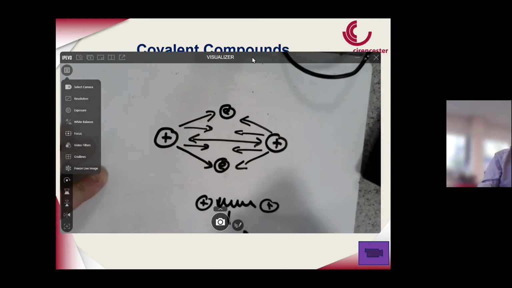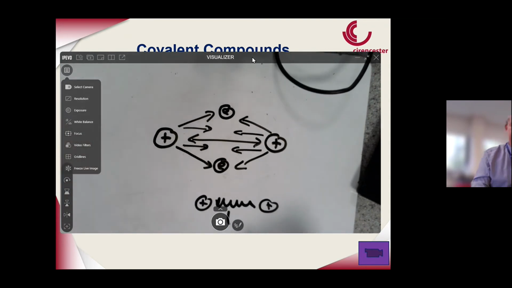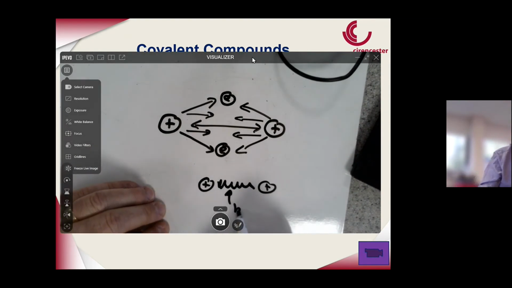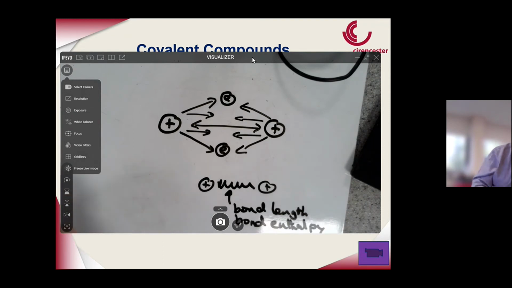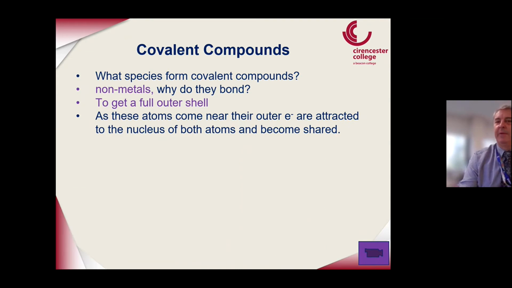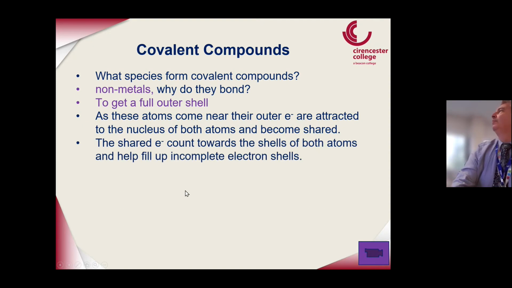So this has a bond length, and it would have a bond enthalpy. Okay, so it has a bond length and a bond enthalpy.